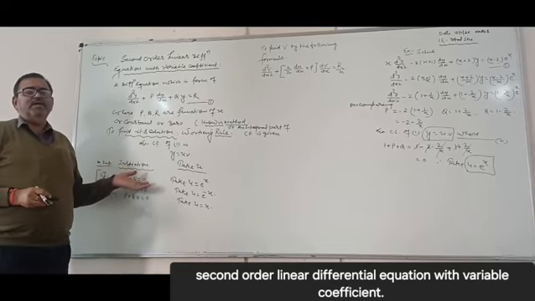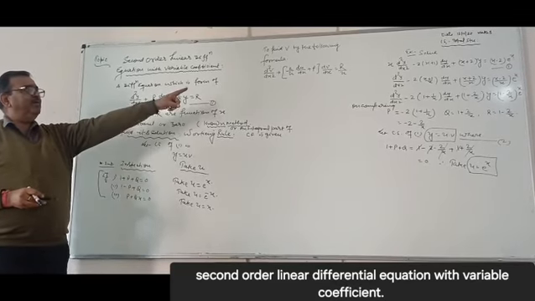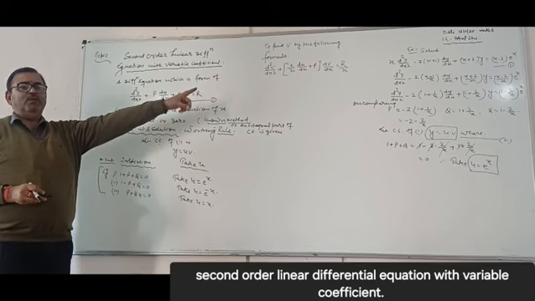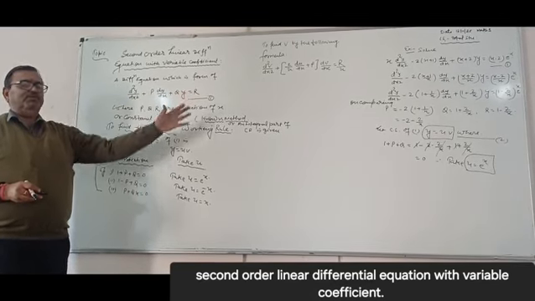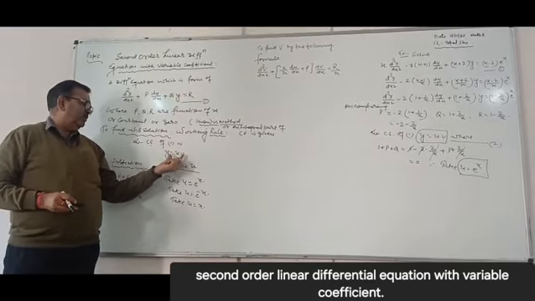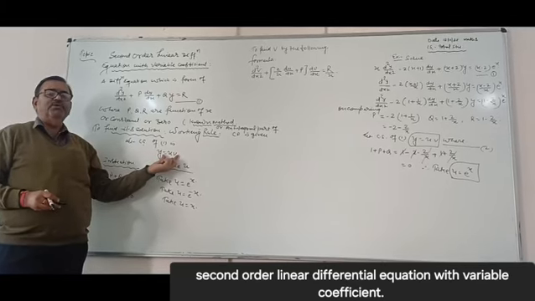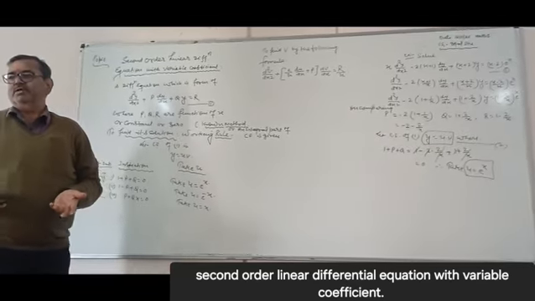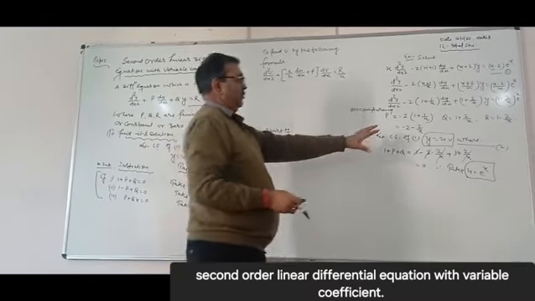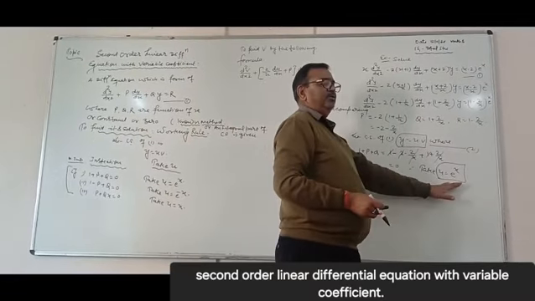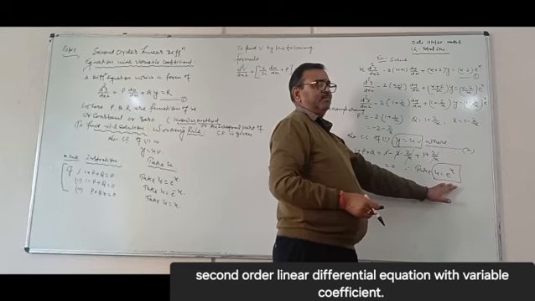First, we find u by inspection, and then we find v by this formula. After these, putting these values in the complete solution y = u·v, we get the required solution. In this question, u is given: u = e^x.